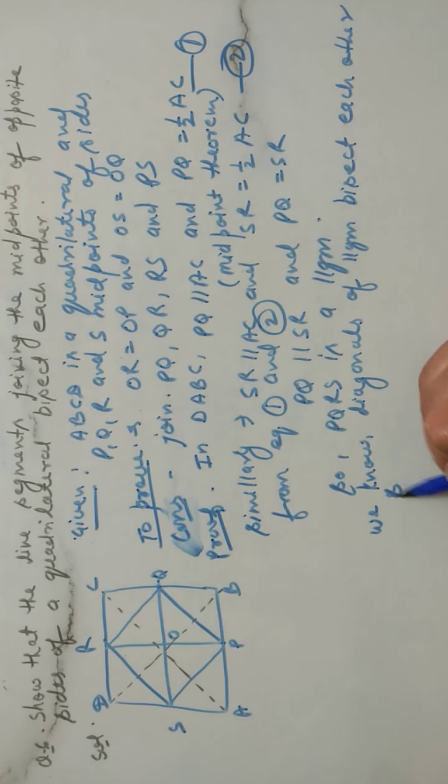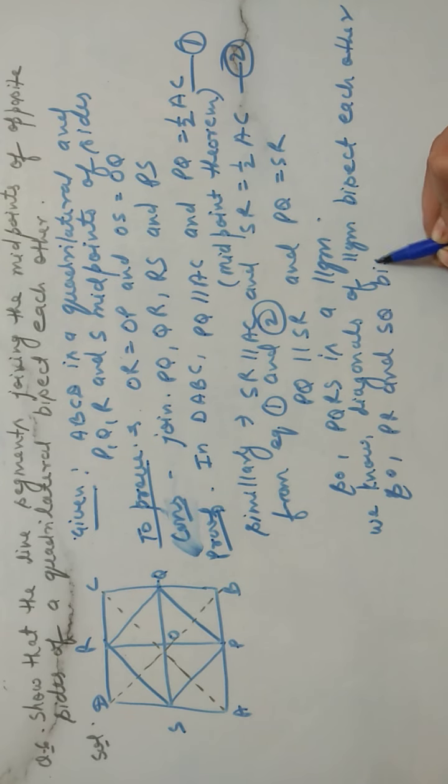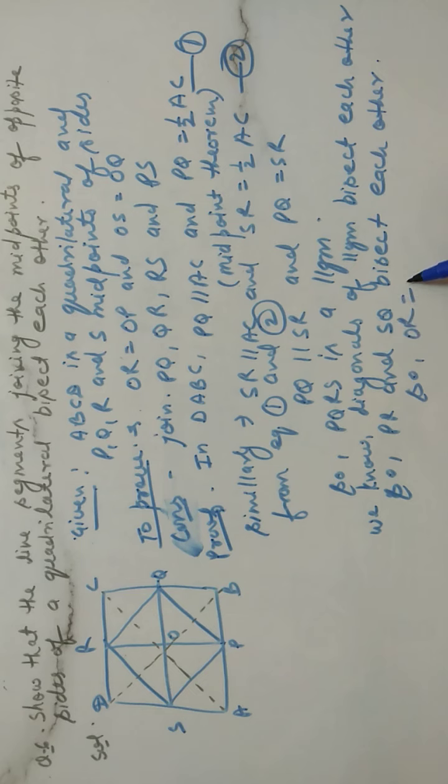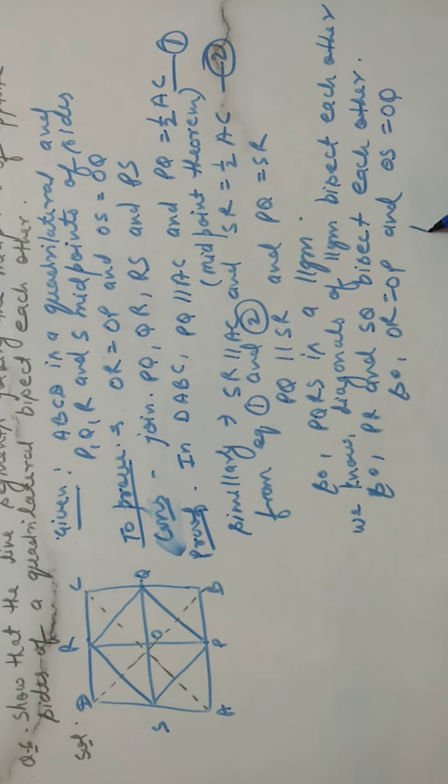So PR and SQ bisect each other, which means OR is equal to OP and OS is equal to OQ. Hence we have proved it.